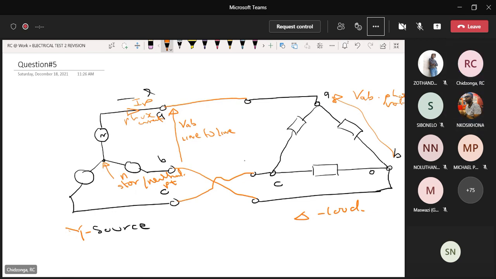Sir, after labeling my line as VAB, is it necessary to write line to line? No, I have written it because I want to demonstrate that I fully understand.